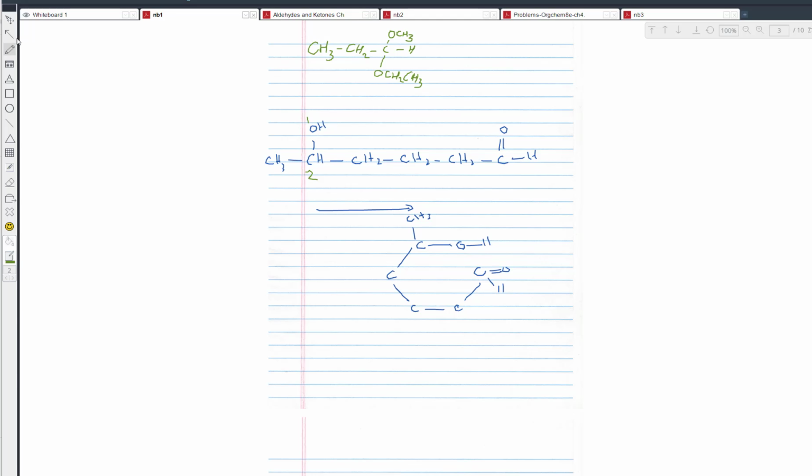So look here. This double bond is going to break. This oxygen, because of its lone pair, not shown here, is going to invite the hydrogen, and the hydrogen will come here. The double bond is going to break here and join with this. So this bond is going to break.